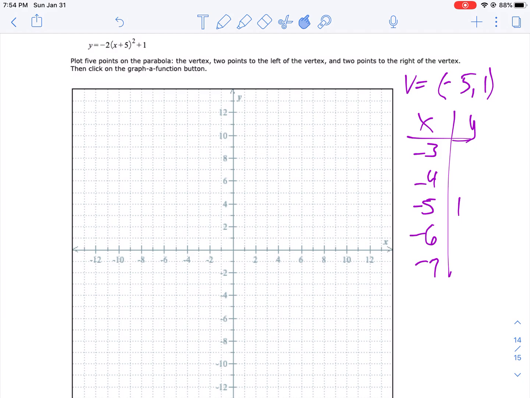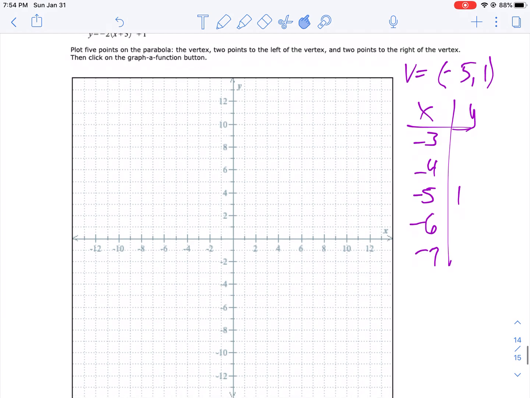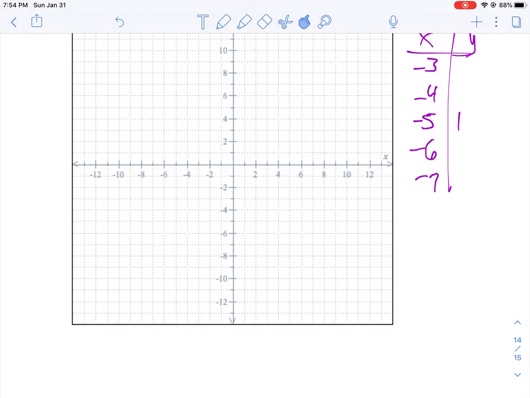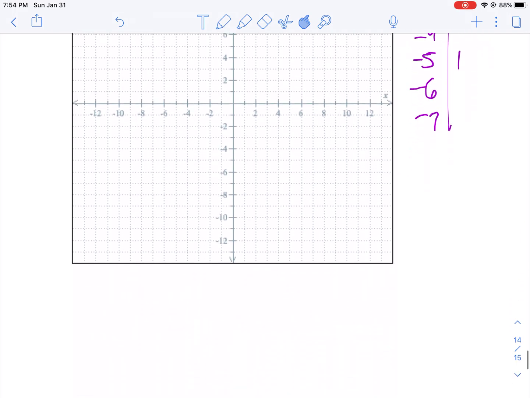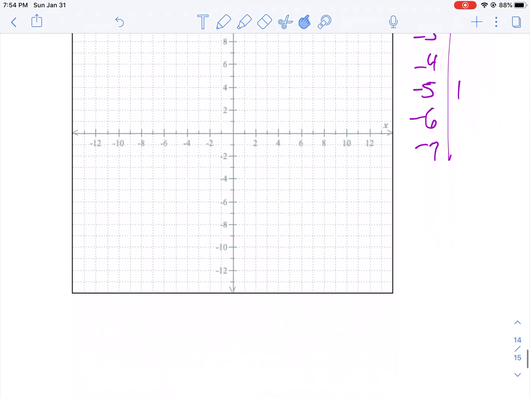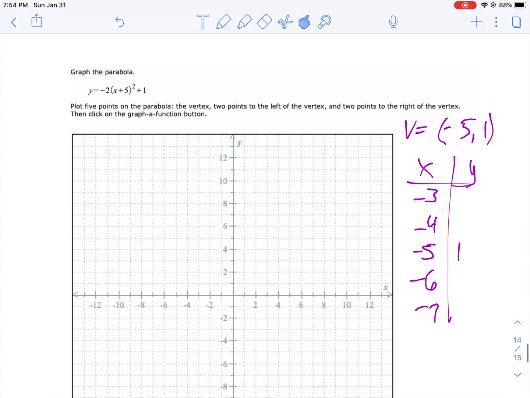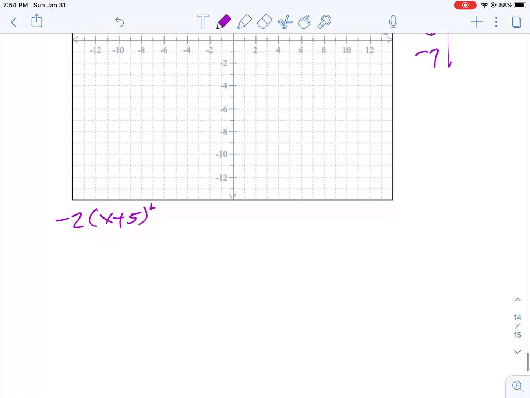Let's start by finding when x is negative 4. Let me write down the problem before I forget. So it's negative 2 times x plus 5 squared and then we're going to say plus 1. We're going to start with x being negative 4.